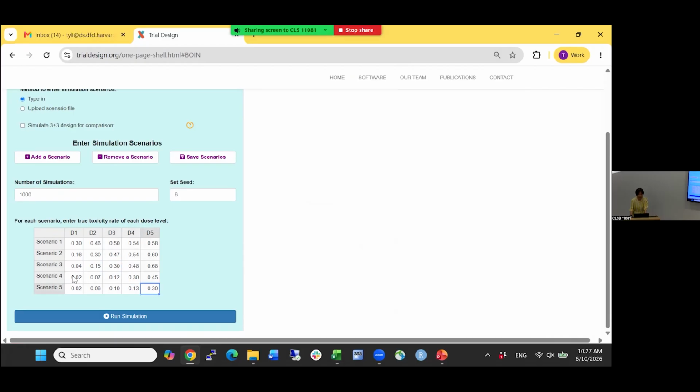And then there will be a smaller DLT rate, and there will also be a larger DLT rate. That's the default. If you do not like it, you can change it. Just double click and you can change your own number. It's also trial specific. You want to test it, compare those numbers. It might be because of your medical experience or other literature research. So I will use the default here and run the simulation.